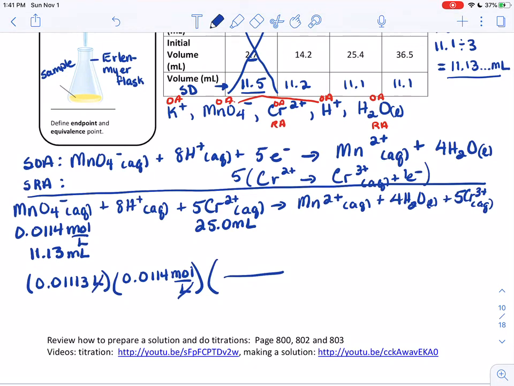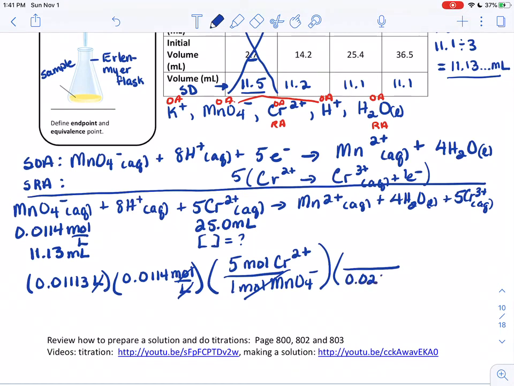My next step is a mole ratio. I do want to find out the concentration of that chromium ion. So I have 5 moles of chromium 2+ at the top of my fraction and 1 mole of MnO4- at the bottom of my fraction. So my moles of MnO4- are gone. I now have moles of chromium. And so now what I need to do is divide by the volume, again changing it to liters, to end up with my concentration in moles per liter.